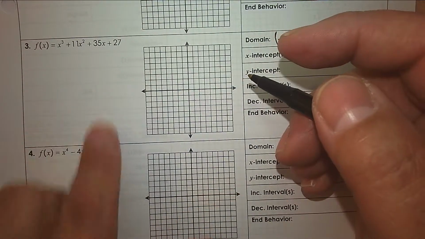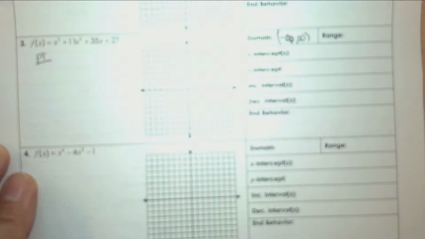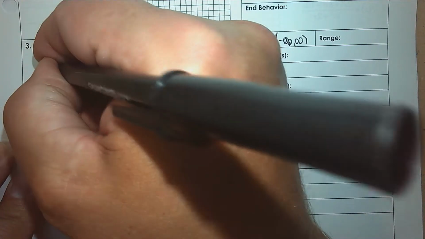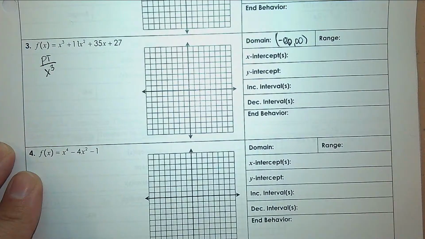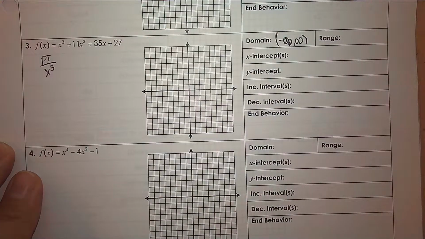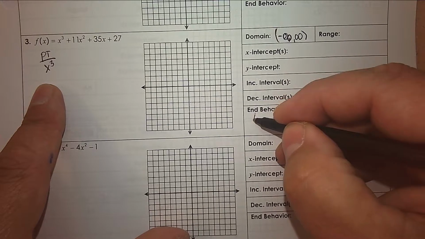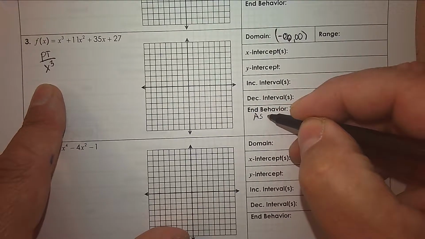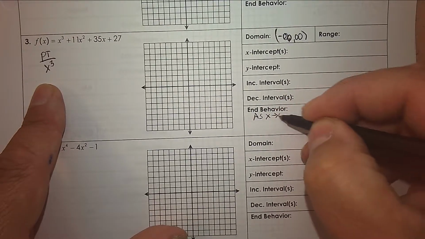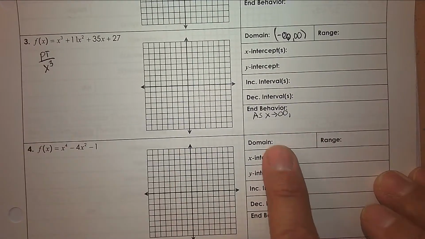If I asked you, what is the power term? What would you tell me? Nope. You would tell me the power term is x cubed. What does that tell me about the end behavior? Okay, so as x approaches infinity, is that right or left?